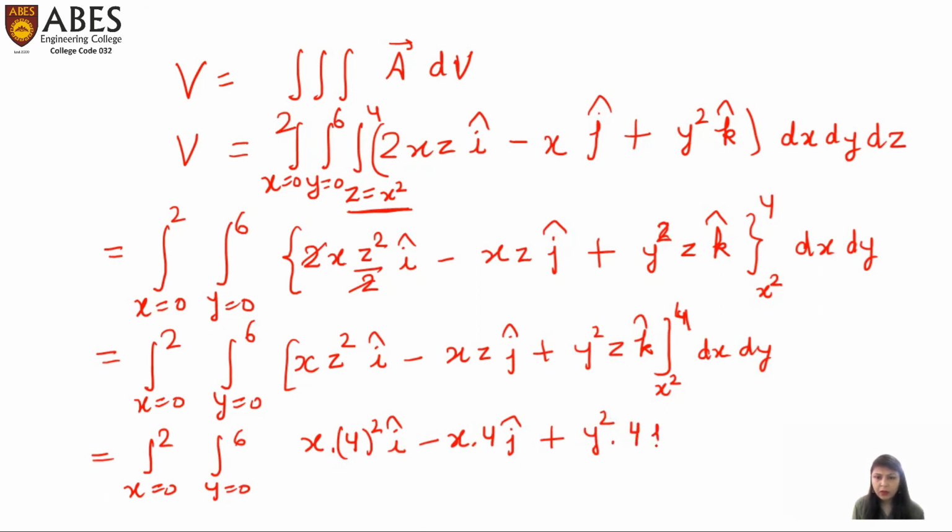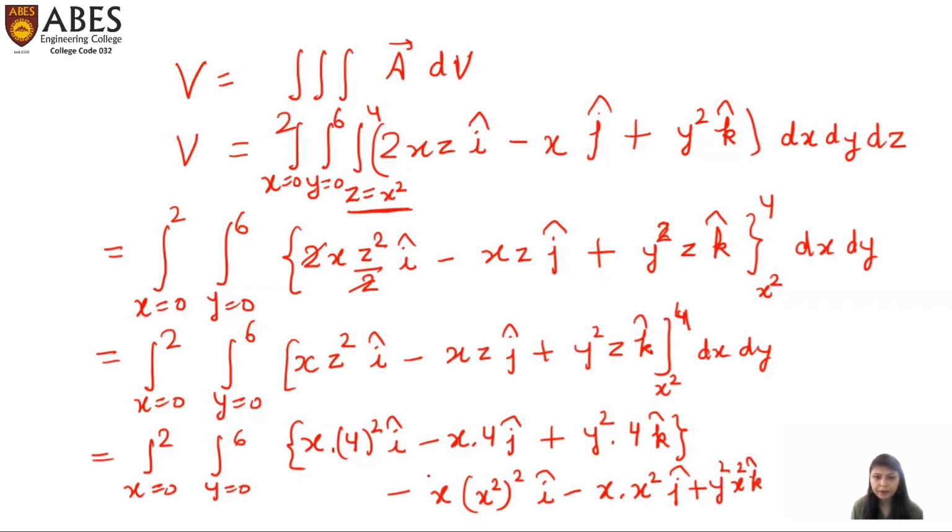Then the lower limit, z equals x square: x into x square square i cap minus x into x square j cap plus y square into x square k cap, and then write dx dy.